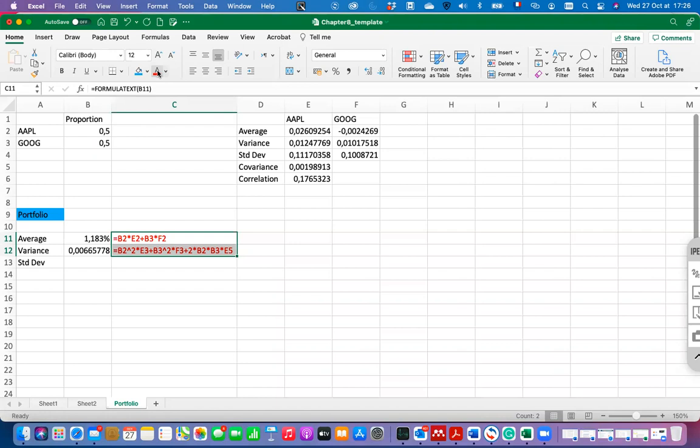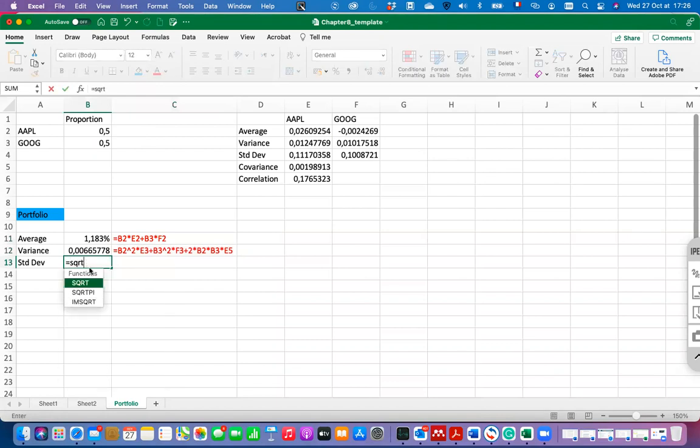Standard deviation is simply equal to the square root of the variance, and that's it.